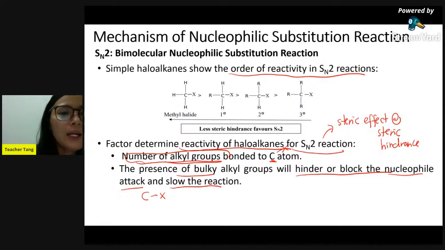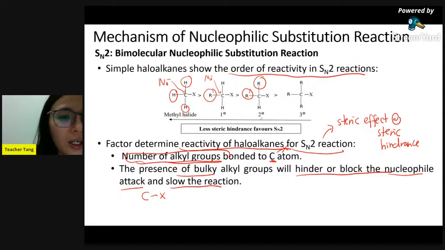Okay, so in methyl halide, all are hydrogen. So the nucleophile can easily attack this carbon. But in primary haloalkane, there is one alkyl group. So it is already harder for the nucleophile to attack this carbon. In the secondary haloalkane, there are two alkyl groups. So these two alkyl groups are big.